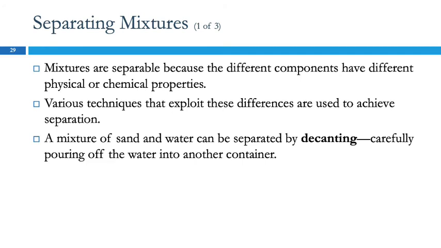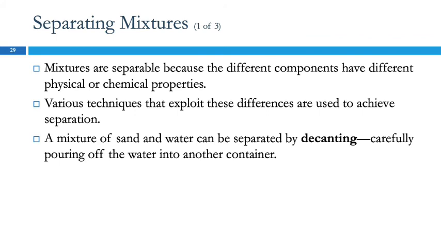What's another way? Filtration. So if you pour the sandy water through a coffee filter, the water will go through, right? And the sand will get stuck in the coffee filter. So that's another way. There are techniques that exploit those differences. The difference we're exploiting there is that one's a liquid and one's a solid, and so filtration can be used to separate them.